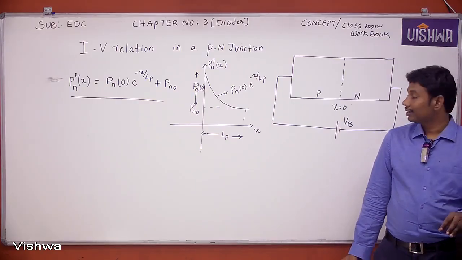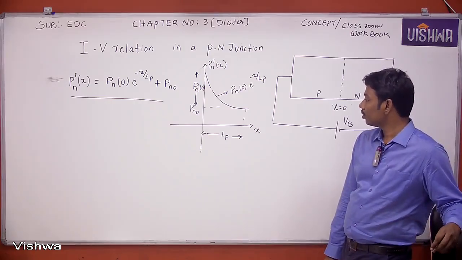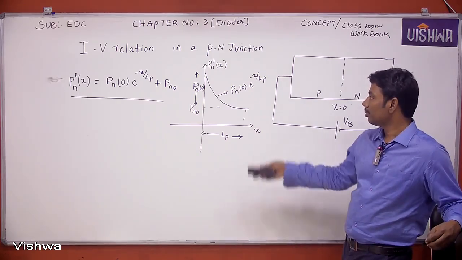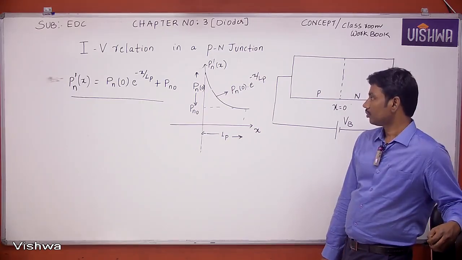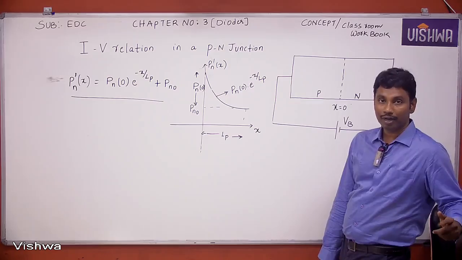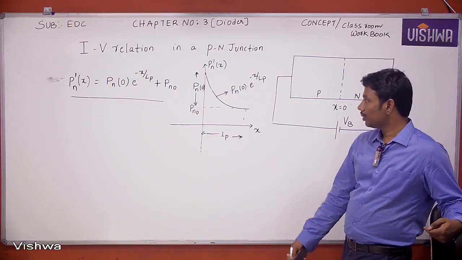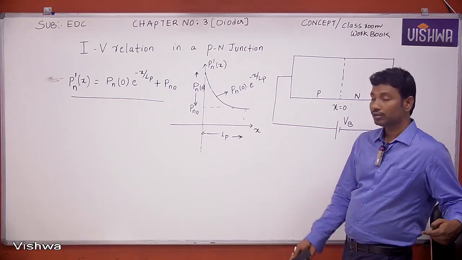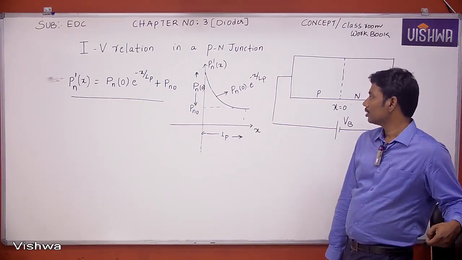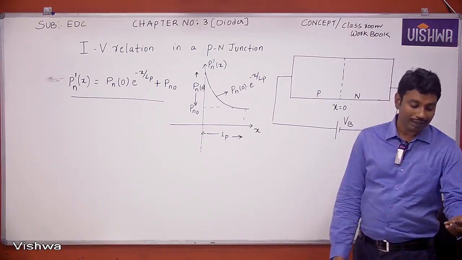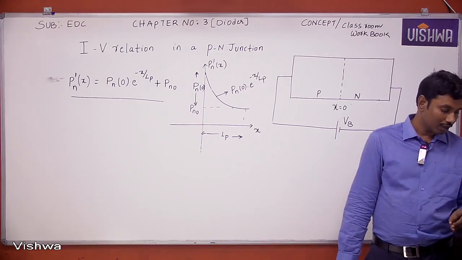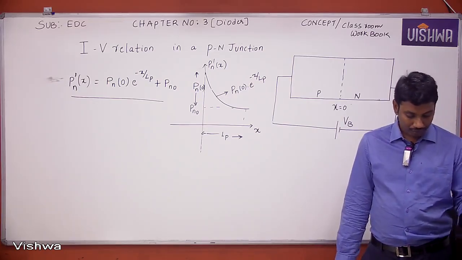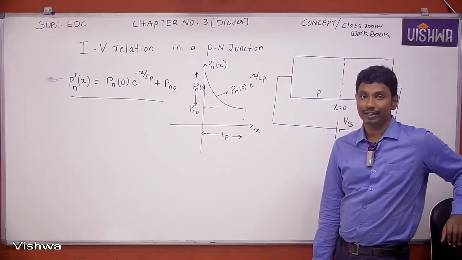This injected hole concentration is maximum at the junction, and it gradually decreases, in bracket exponentially, as holes move deeper into N side.